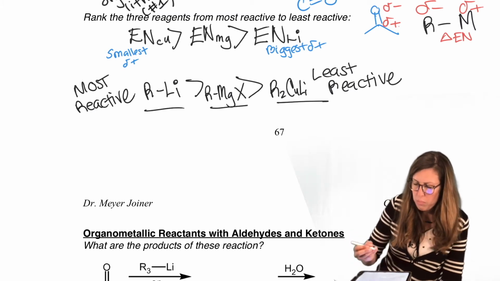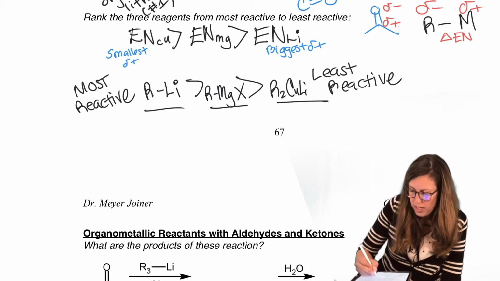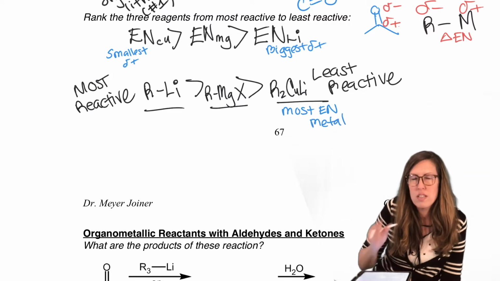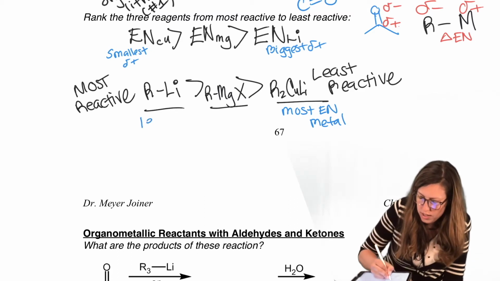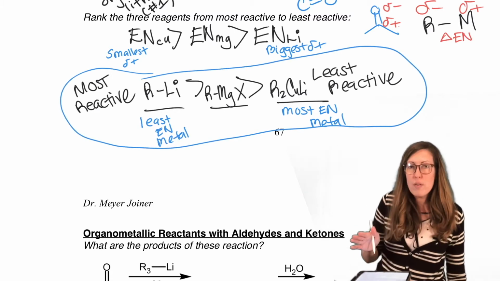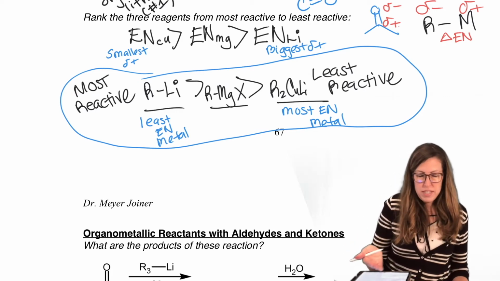That's because it is attached to the most electronegative metal. Therefore, the electronegativity difference between copper and carbon isn't as big, and this is the least electropositive metal. We can exploit that reactivity at times to our advantage, and that's why we want to keep that in mind.